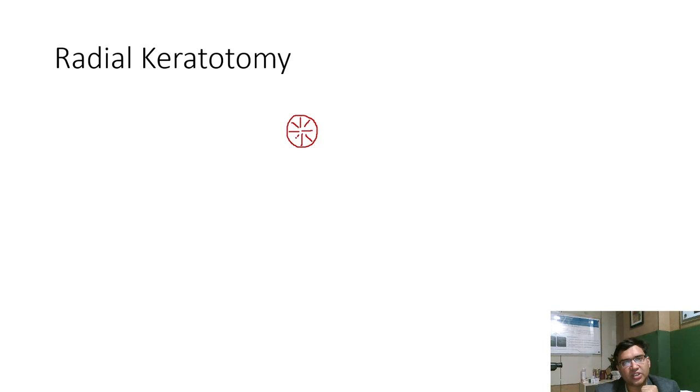So this is basically called radial keratotomy, a very simple procedure. What we did was change the curvature of the cornea with this procedure.